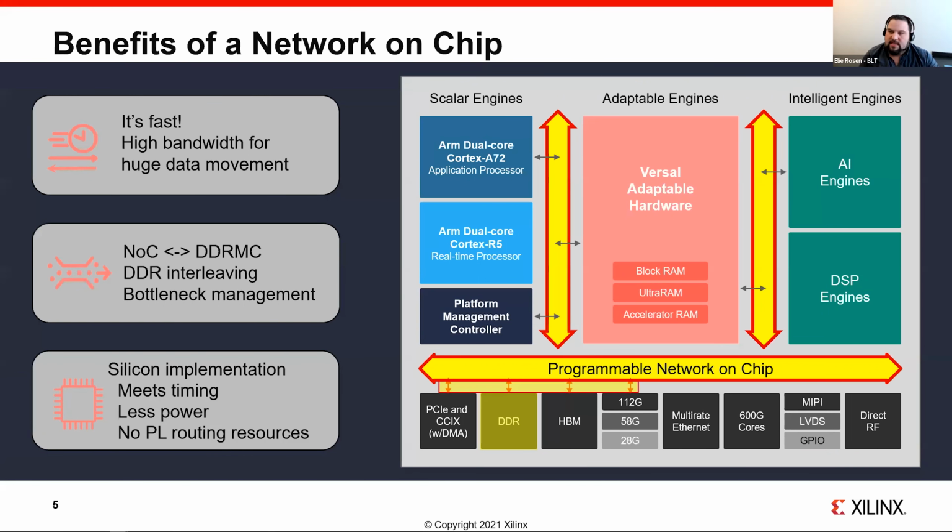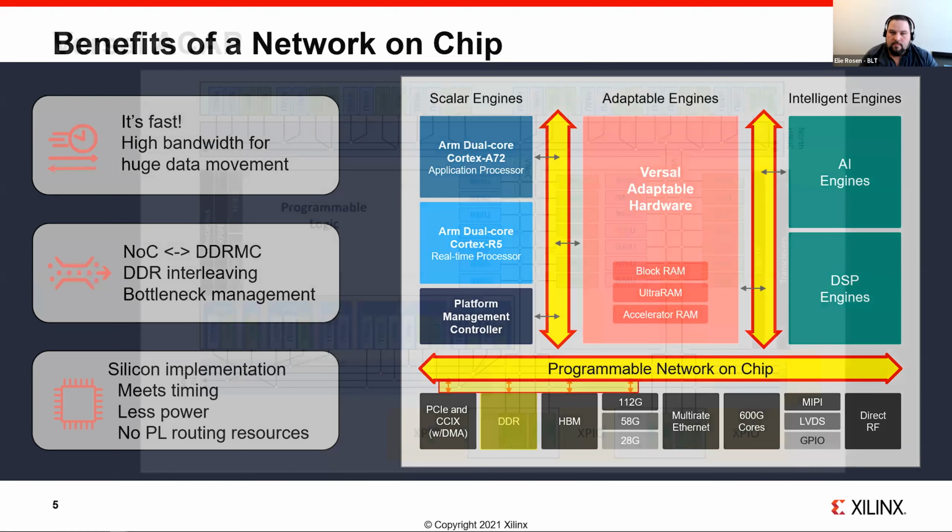Finally, because it is dedicated silicon resources, it's guaranteed to meet timing. Xilinx has already done the floor planning for the network on chip, and it meets timing for up to a little over 1 gigahertz. It doesn't require any additional PL routing resources in order to be able to interface with this NoC architecture.